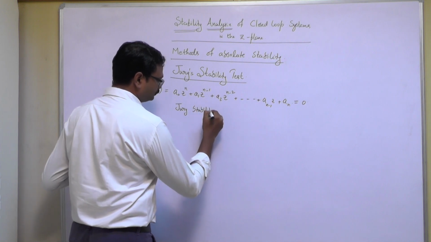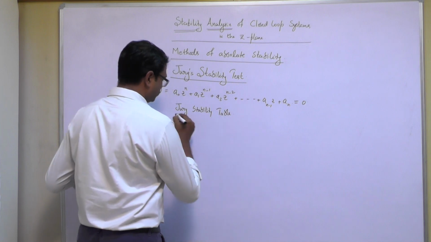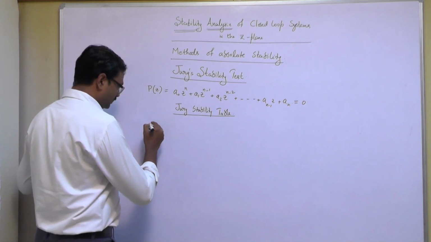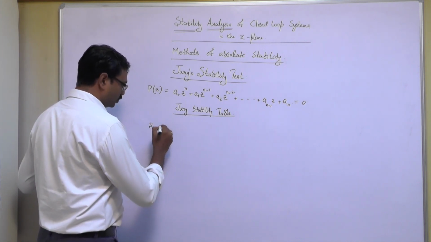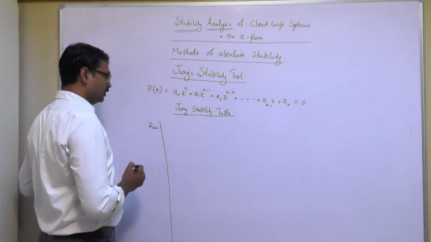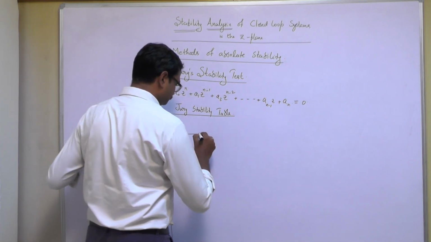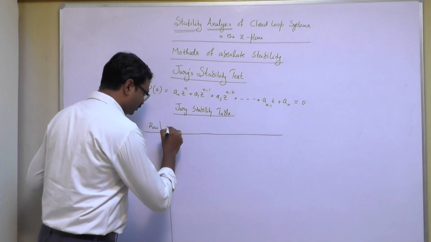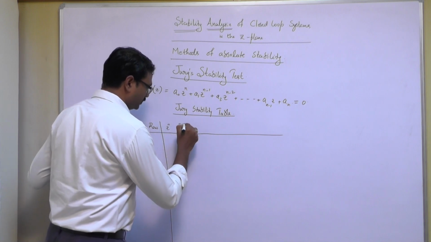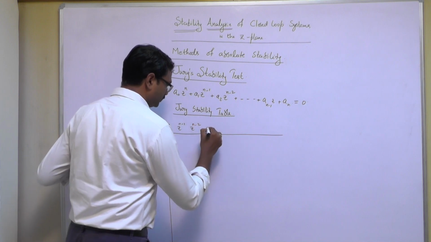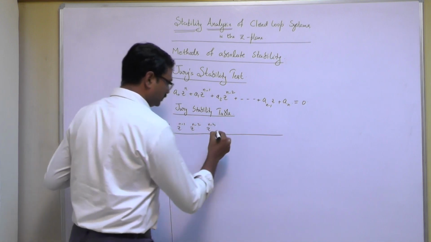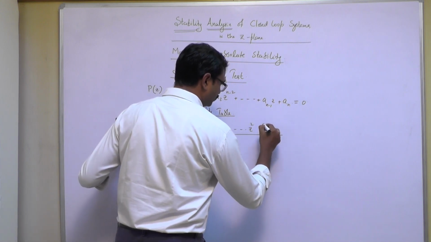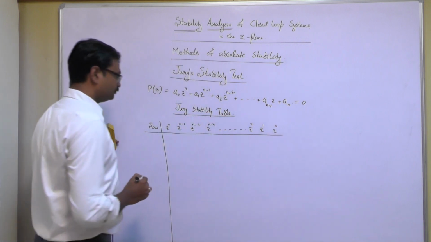In this Jury stability table, Mr. Jury has defined it in such a way that we will have the number of rows in one column, and z power n, z power n minus 1, z power n minus 2, z power n minus 3, and so on, z square, z power 1, z power 0.